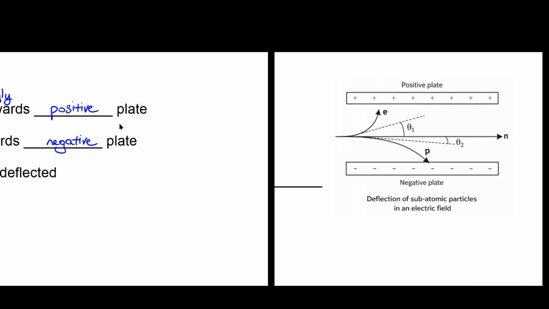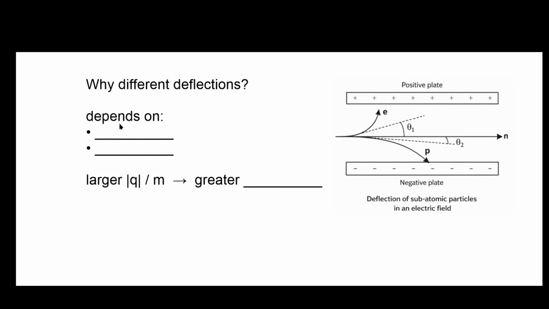The difference in deflection depends on both charge and mass. A particle must be charged in order to be affected by an electric field, which is why the neutron is not deflected. Among charged particles, the particle with a larger charge to mass ratio is deflected more strongly.